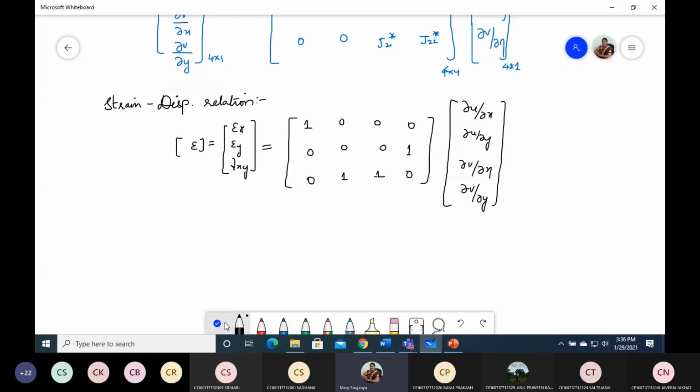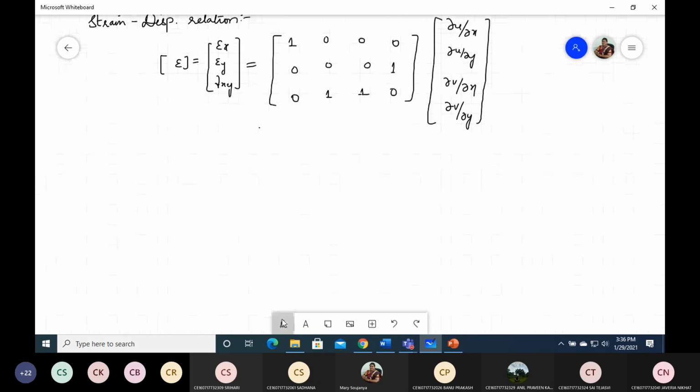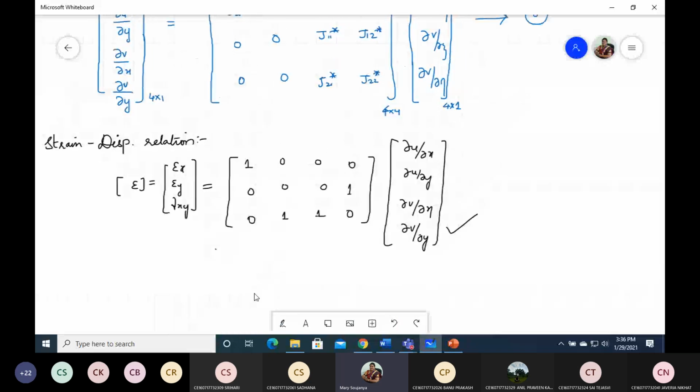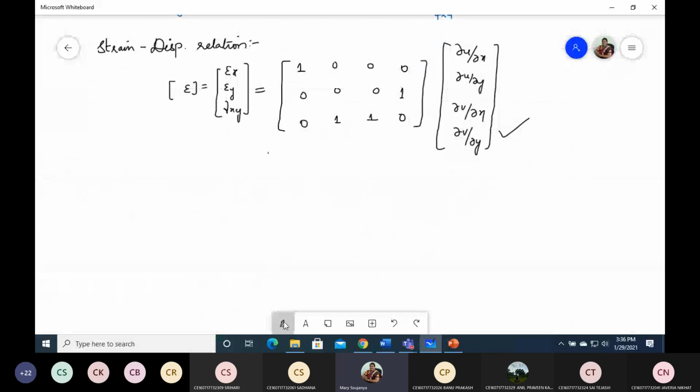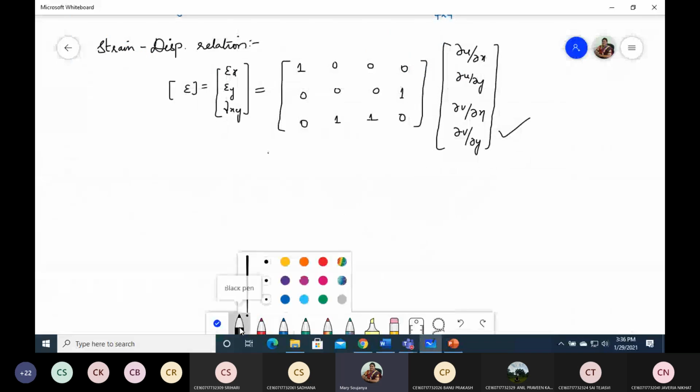Now if we need the strains here, we have this from equation 5. Substituting equation 5 here, what do we get?